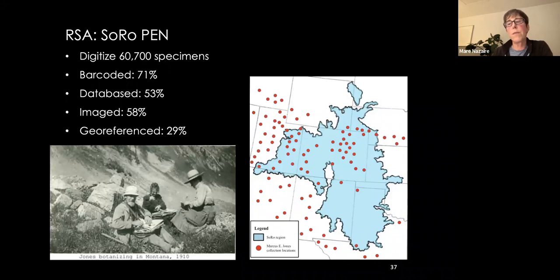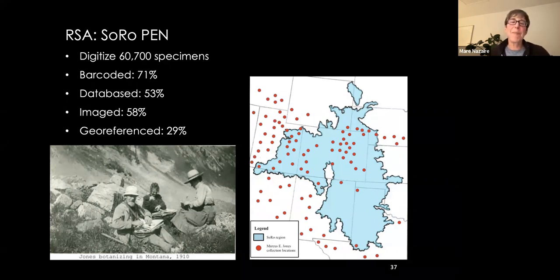all of the Southern Rocky Mountain plant specimens are actually located in North American folders. So it doesn't make sense for us to pull out just those things. We're going ahead and digitizing pretty much all of our North American collection. So I guess NSF is getting a double for their money.